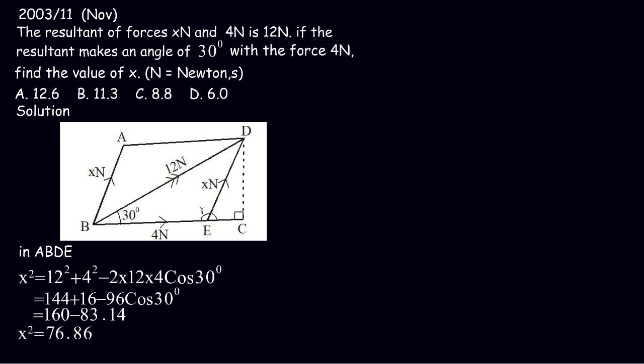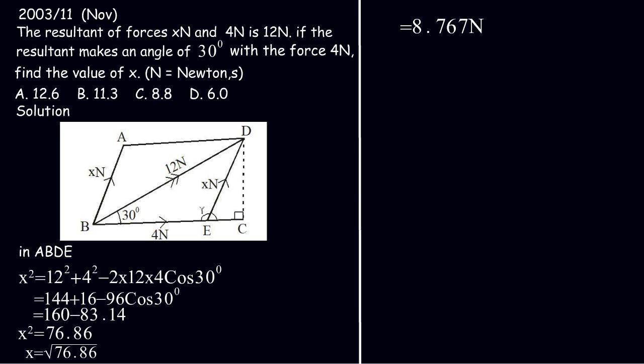So therefore S squared will be equal to 76.86, and S will be equal to the square root of 76.86, which is equal to 8.767 Newton, approximately 8.8 Newton. So our final answer is C.